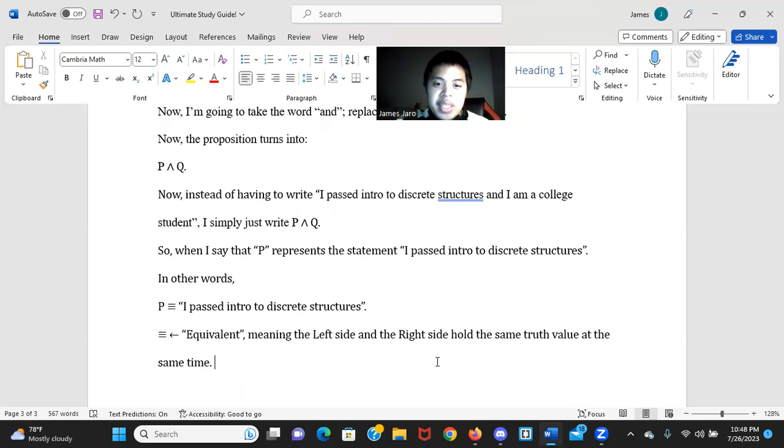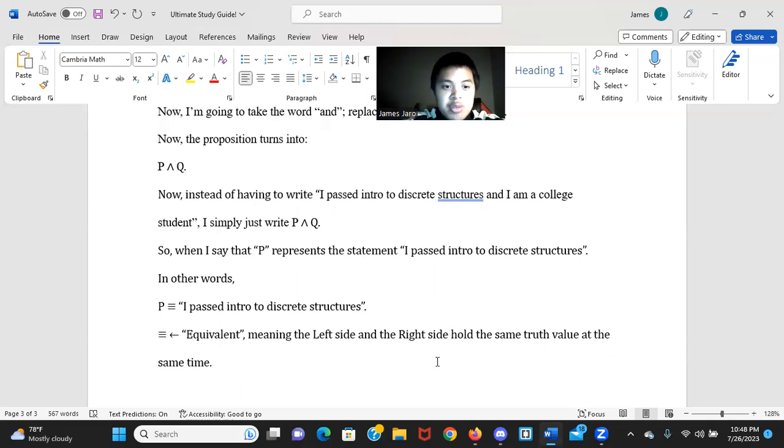But in terms of what this means, it's really easy to store things rather than writing big sentences and big functions. We store them in essentially variables, just like how we do in regular math.